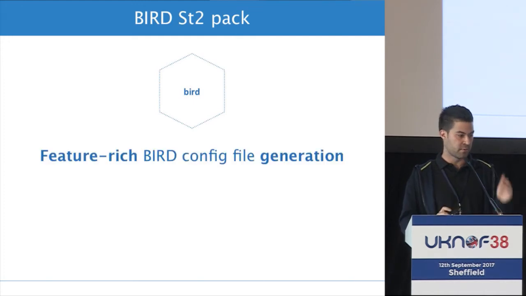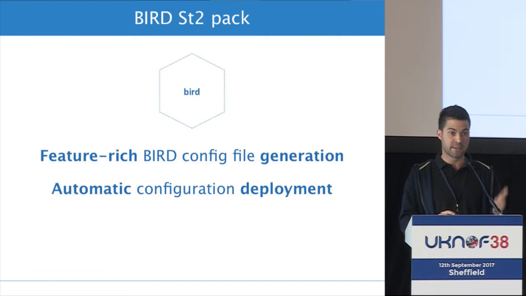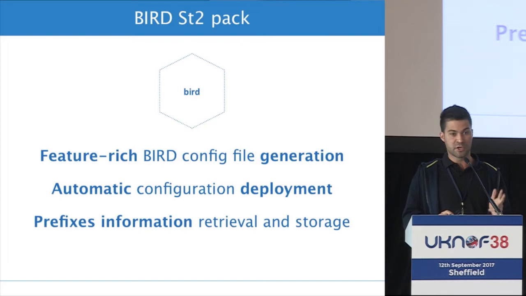The main ones are actions to generate new configuration and to automatically deploy configuration files on route servers. Then you have a set of actions to retrieve prefix information from the network. To be specific, actually three. You have one action to retrieve prefix information from IRR DB databases using BGPQ3.